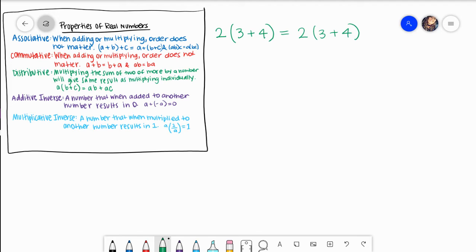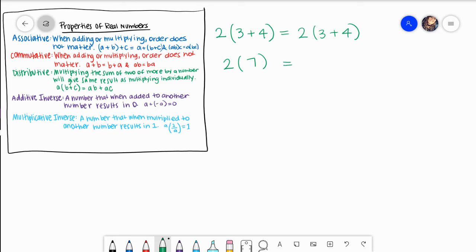This rule kind of teaches you a different way to do it, and it's going to be really important whenever we start 9.8 because we're going to introduce variables, and the distribution property is going to be used a lot in 9.8. So on the left-hand side, what I'm going to do is take the sum of the two numbers that are inside of my parentheses. What I mean by that, taking the sums, I'm going to add them together.